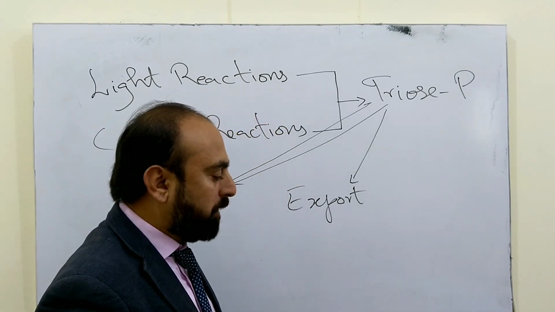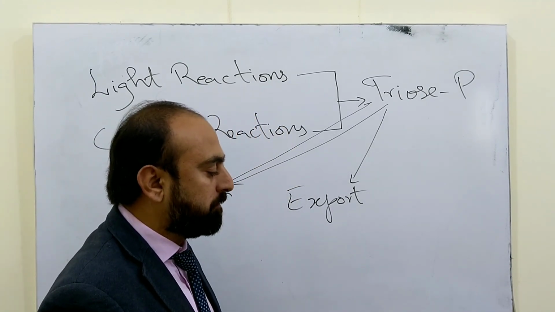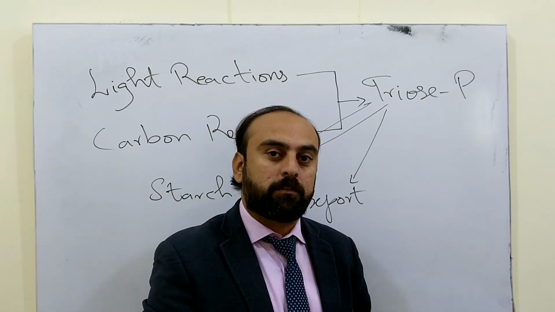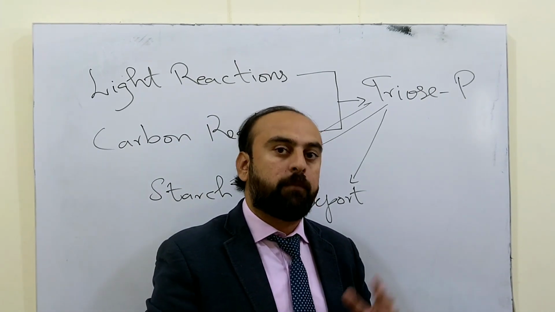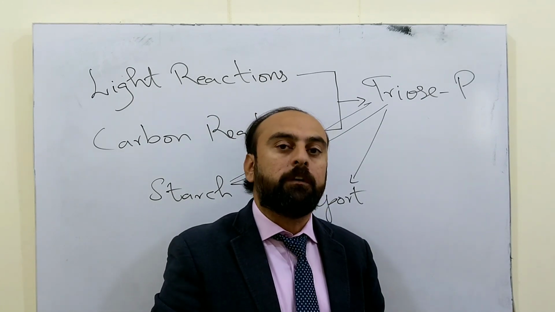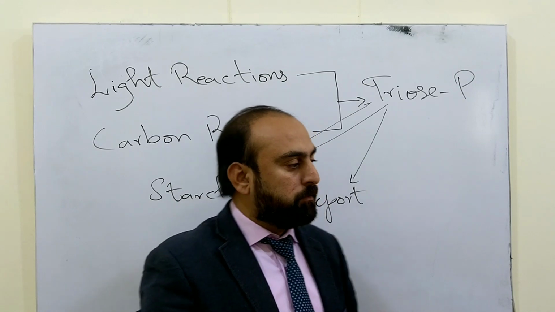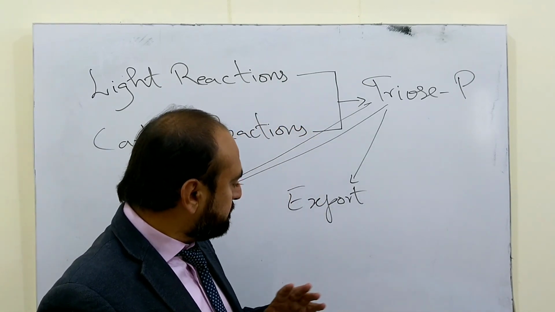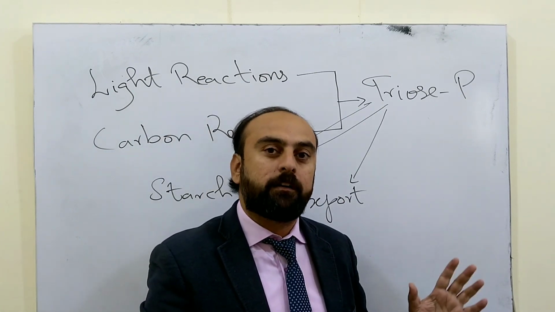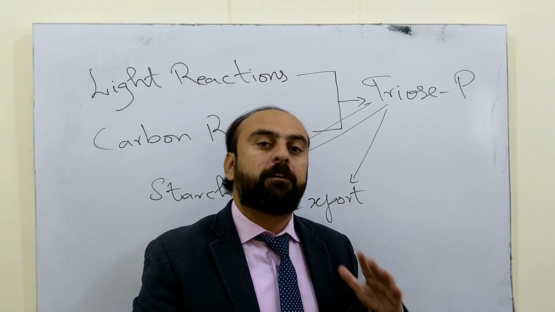For example, the main form of translocation within the plant, sucrose, is synthesized. This sucrose can be transported to roots where it is used for respiration or generation of ATP. So starch, sucrose, respiration, they all represent different sinks and the partition.